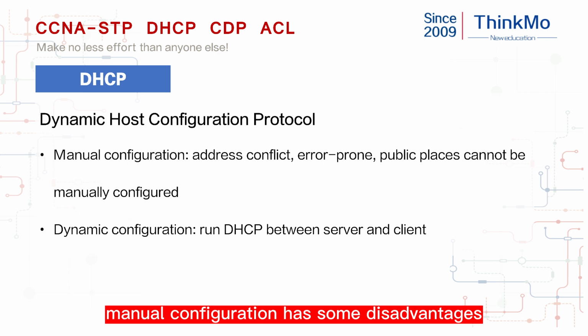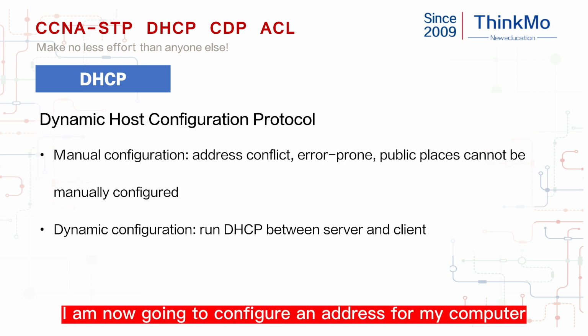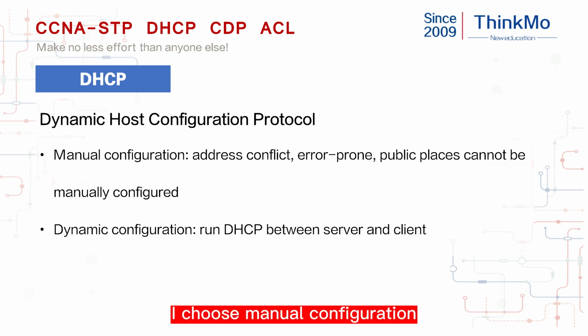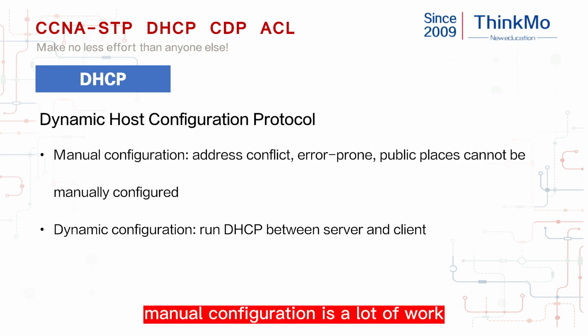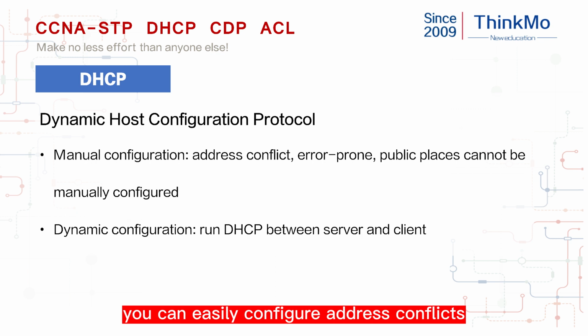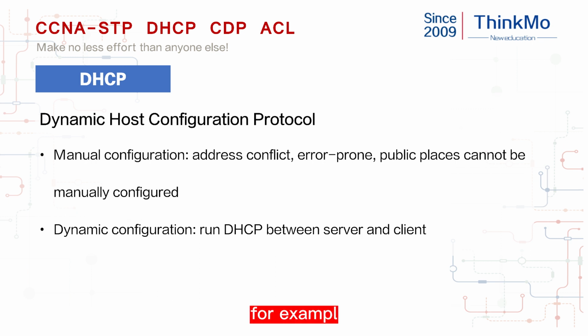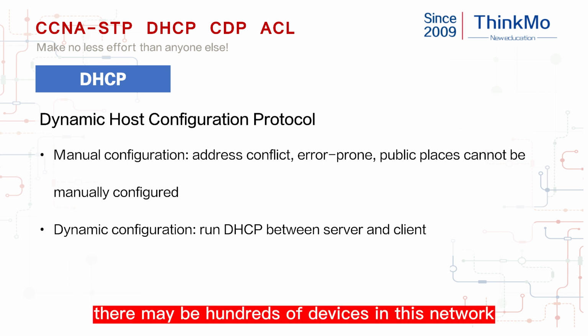Manual configuration has some disadvantages. For example, I am now going to configure an address for my computer, so I choose manual configuration. First of all, manual configuration is a lot of work. You can easily configure address conflicts. For example, you are now operating a network with possibly hundreds of devices.